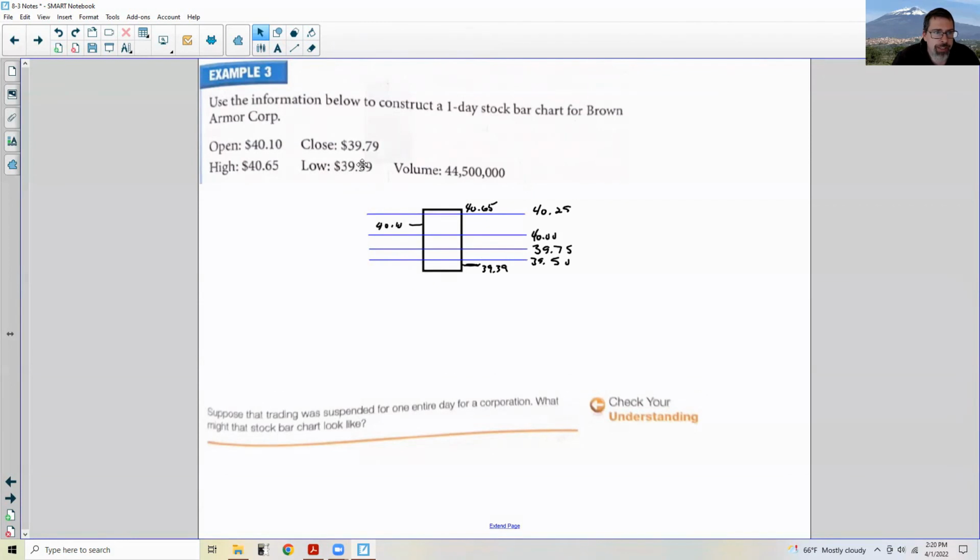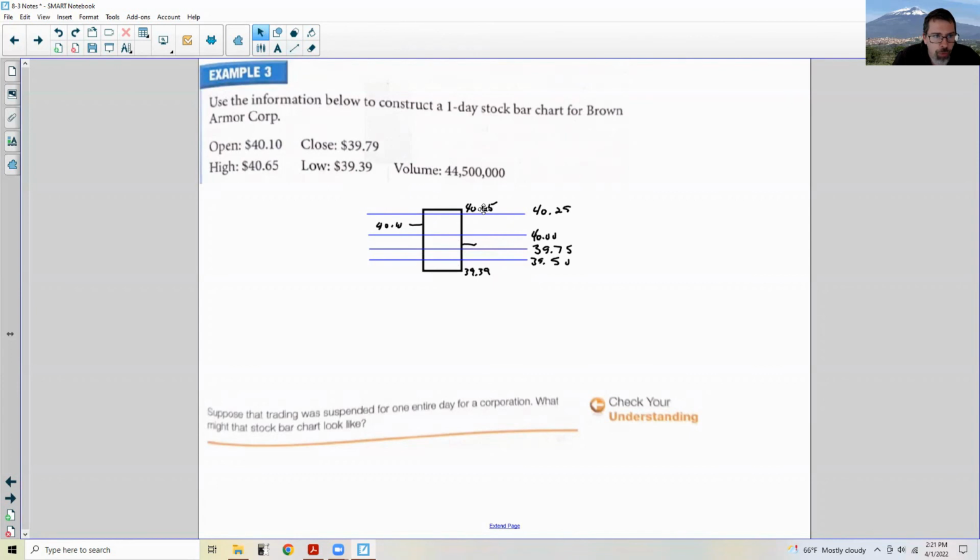You get the idea. It's a little bit difficult to do here. There is a picture in the book, by the way, but I just wanted to show how they did this. And the close was 39.79. So now I can move this up to, say, here and get rid of this. I double wrote it. So the 39.39 is the minimum.